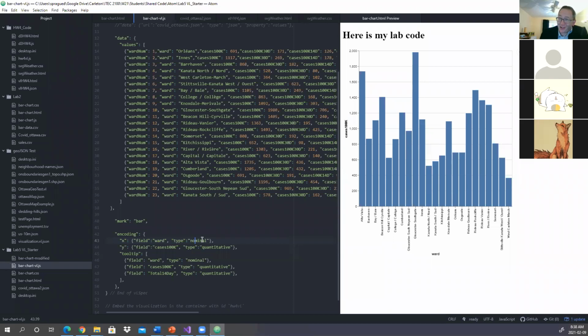I thought it was going to be categorical. It's nominal. That's why I had a bug earlier. So I have nominal data, different categories of data, and the field I'm using is the ward, and that's what I'm seeing here. On the y-axis, I'm saying I'm going to be showing the number of cases per 100,000. That's quantitative data. And then you just let Vega-Lite figure it out for you.